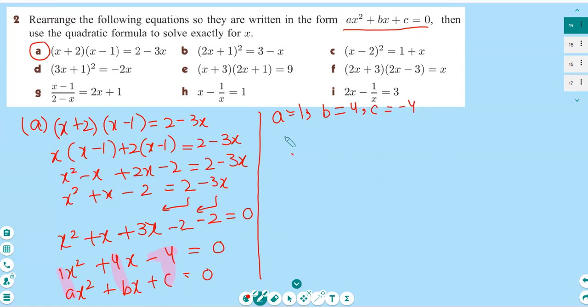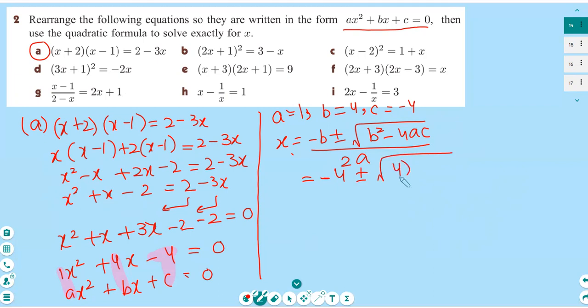So using the quadratic formula, x is equal to negative b plus minus the whole square root of b square minus 4ac over 2a. Now inserting the values, what is the value of b? B is 4, right? So minus b as it is, 4, b square 4 square minus 4 times a is 1 and c is negative 4, right?